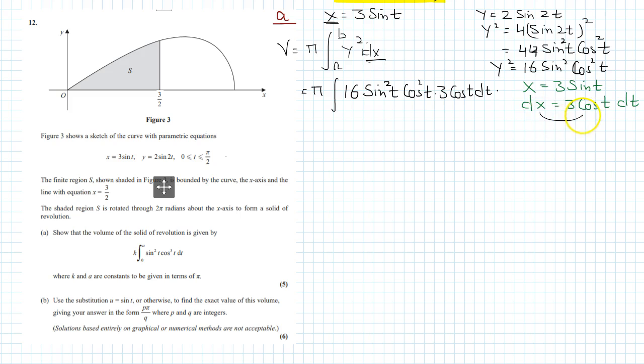This dx we have taken from here. So that is equal to pi, 16 times 3 is 48. So this is 48 pi integral of sin square t cos cube t dt. Now the limits.